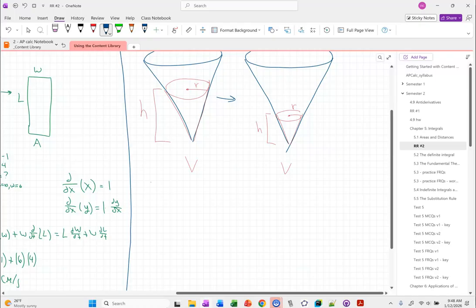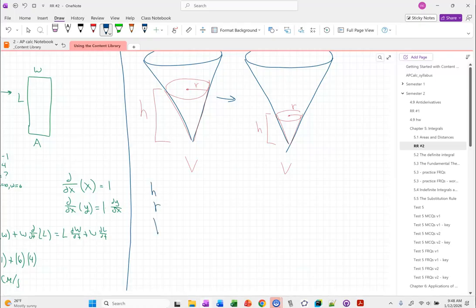So if I look at this problem, all of these guys are variables, which means that they're all going to create a rate variable when we do the derivative.